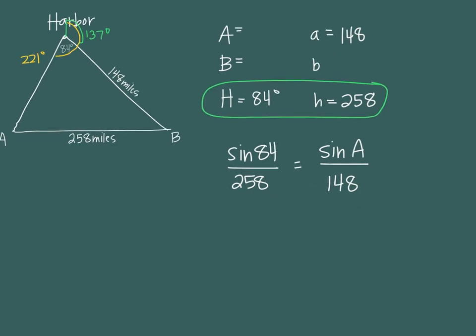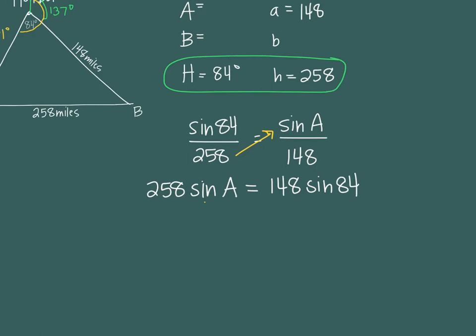Okay, all right, so now we're ready to cross multiply. So I'll do my 258. So 258 will go across to sine A, and 148 will go across to sine 84. Now we do want to get capital A alone. And so in order to get capital A alone, we'll divide.